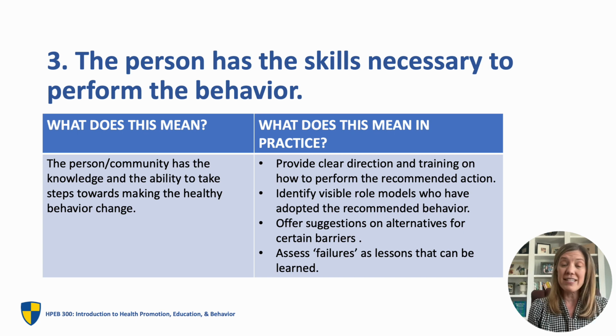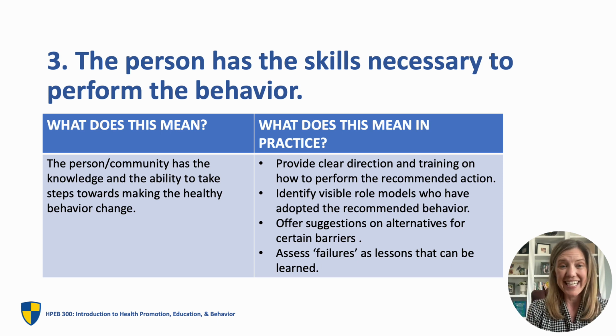So what does it mean in practice? It means being very clear and providing training on how to perform that particular action. If it's working with a patient, building a particular treatment regimen, make sure that they are completely clear. They can share with you what you said back to them, and we're all explicitly understanding what the expectations are.